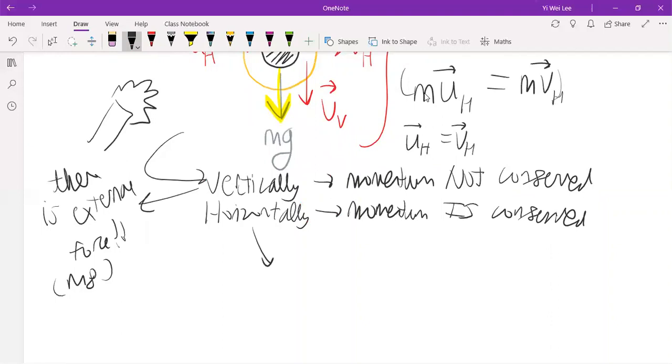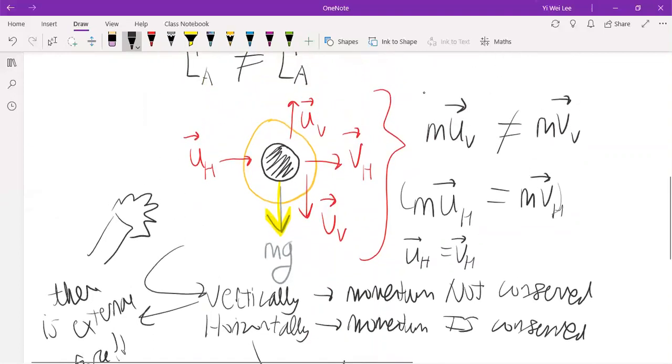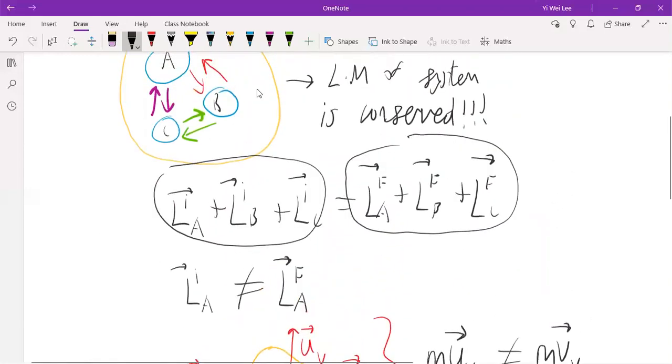However, horizontally, there's no external force. So this is very important stuff. Please keep it in mind. Vertically, there's an external force, so momentum is not conserved. Horizontally, there's no external force, so momentum is conserved.